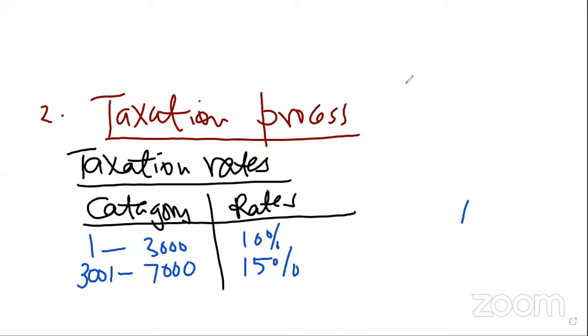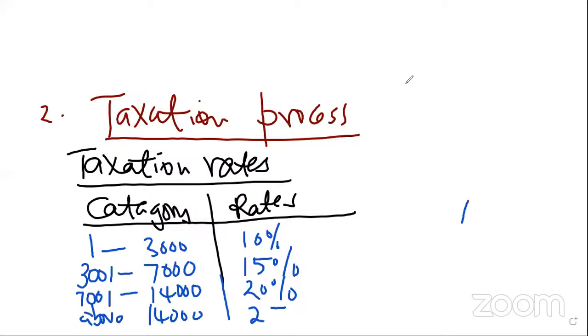Then 7,001 to maybe 14,000, there is no fixed way of putting the slabs, 20%. And now I say any monies above 14,000 will be taxed at the rate of maybe 25%.